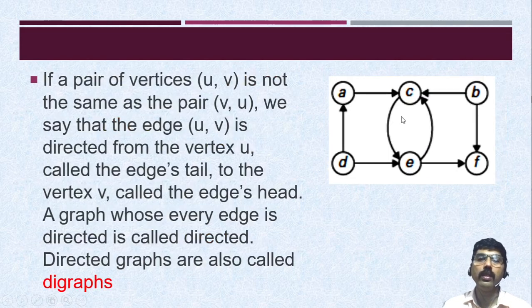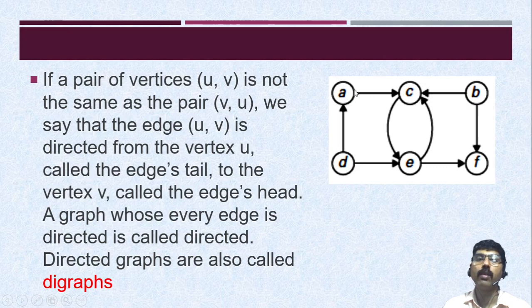Now see this graph. This is called a directed graph. In short, it is also called a digraph. In a directed graph, each edge has some direction. If you see here, instead of a line, we indicate it with an arrow mark.